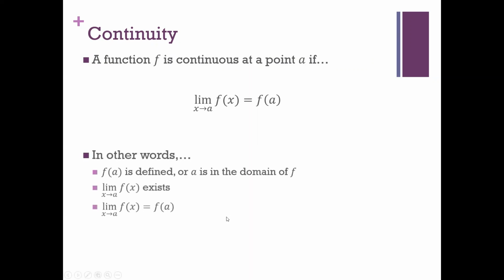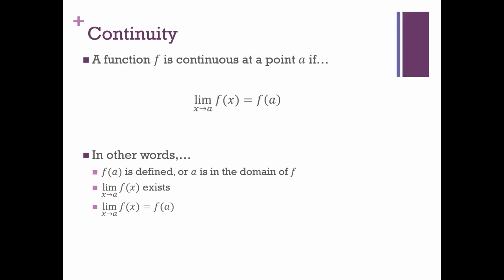there are a couple things that are kind of hidden in there, a little more shrouded. So in other words, f of a is defined. For example, we looked at a lot of limits just a few minutes ago where my function was not defined at some point, but the limit still exists. So the limit might exist, but those functions were not continuous at that point.